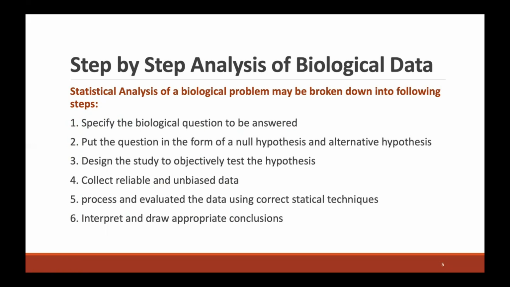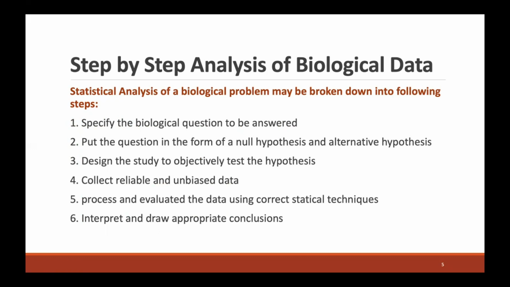Once you understand your data types and data variables, you need to collect the data in a way that the bias is minimal. How do we minimize the bias? We need to get the appropriate study design for that.